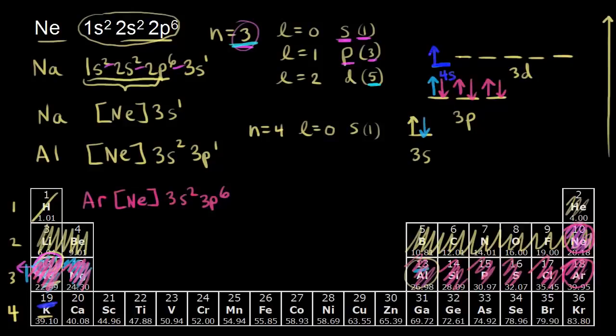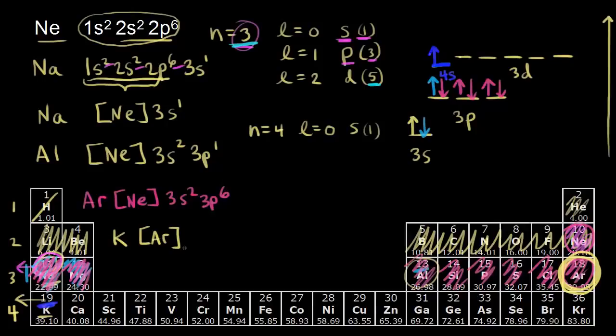So we can go ahead and write the electron configuration for potassium. If we're using noble gas notation, we go backwards. So what's the noble gas that precedes potassium? Just go backwards in the periodic table, and that is, of course, argon. So we could say that the electron configuration for potassium is the same as argon's, and then we have one more electron to worry about here.